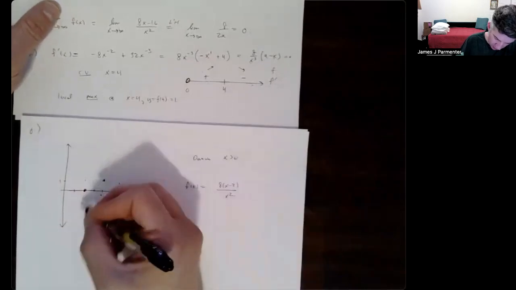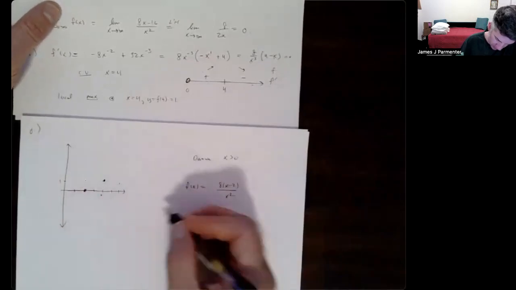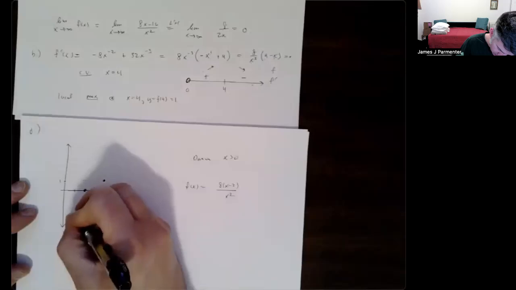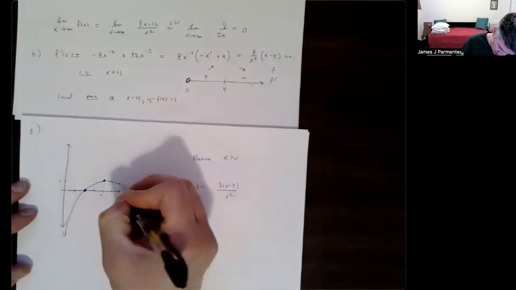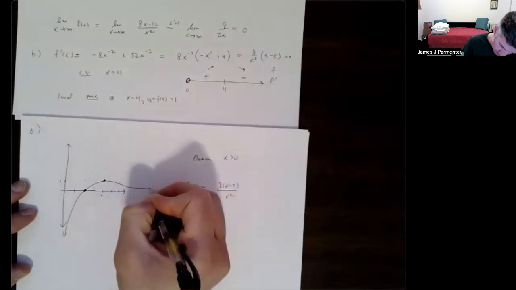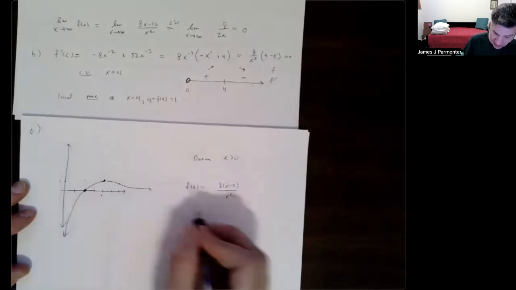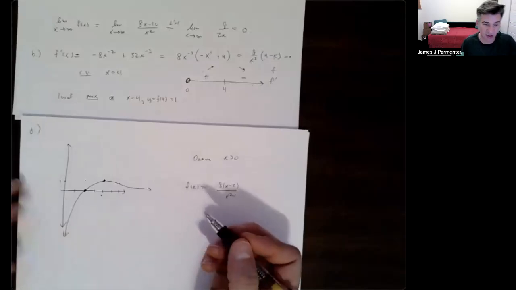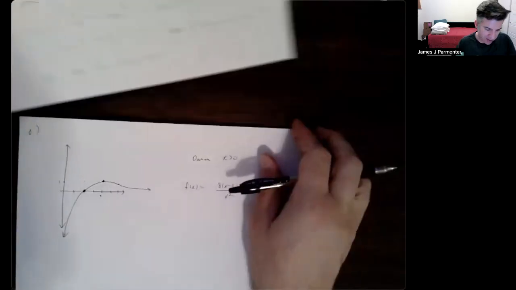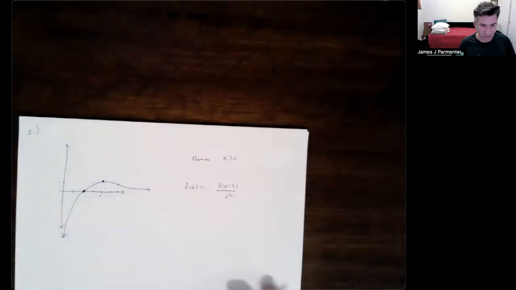So we're increasing, decreasing. Max, and then we decrease, and then we get like that. We do have a horizontal asymptote at y equals 0 because we can't cross the x-axis again because there's no other x-intercepts.